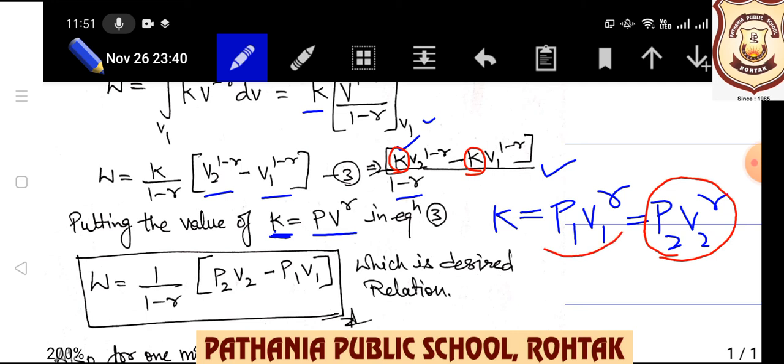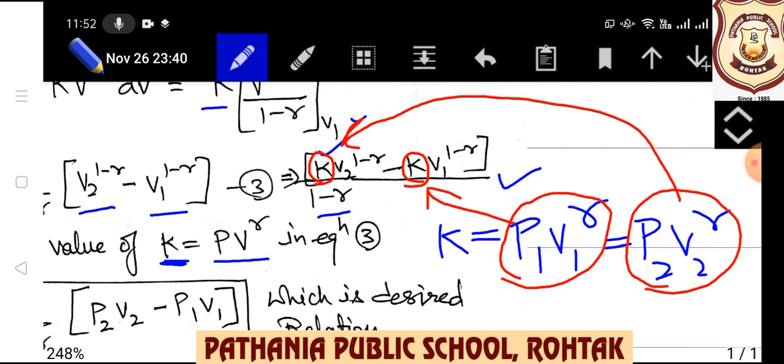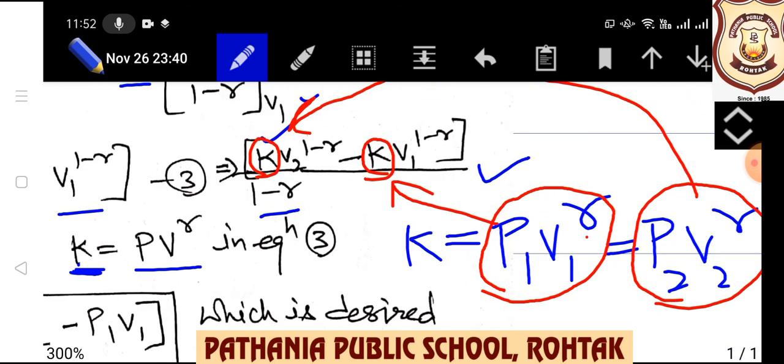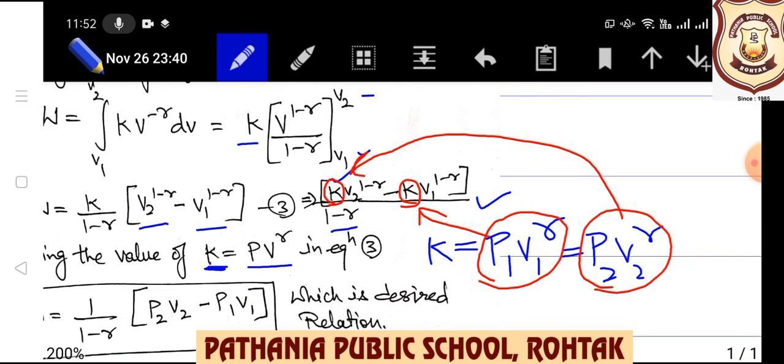Now here is the tricky part. As we know that PV raised to power gamma is constant, this K can be used as P1 V1 raised to power gamma as well as P2 V2 raised to power gamma.